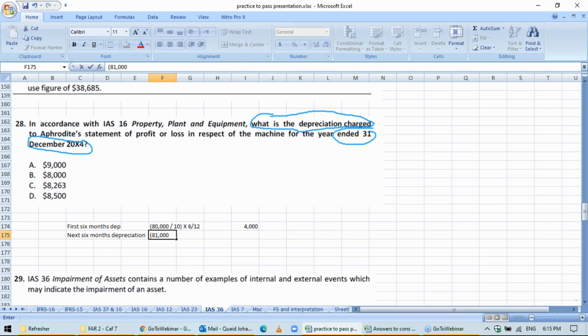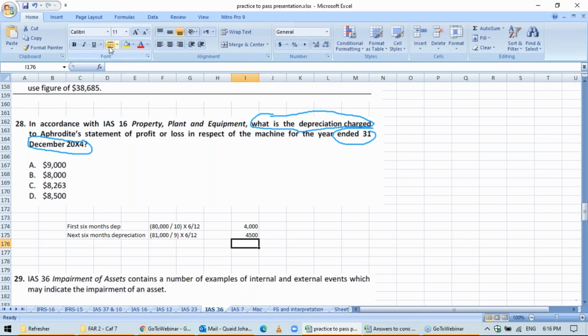So now the revised amount 81,000 will have to be depreciated over 9 years, as 1 year has already gone. So now the depreciation will be calculated on the remaining life. So we'll divide by the remaining life, and again for how many months? For the 6 months time. So now it is 81,000 divided by 9 into 6 by 12. So this gives you 4,500.